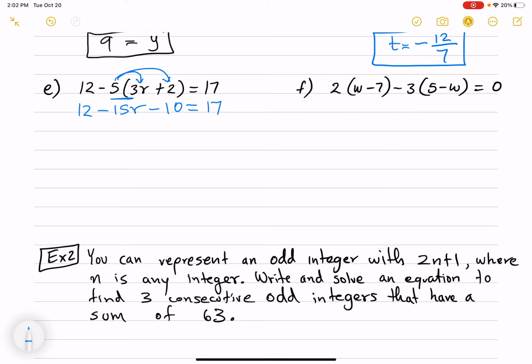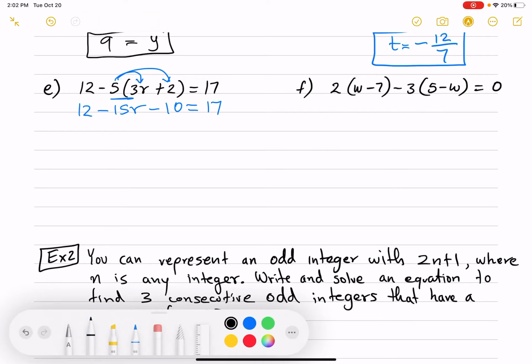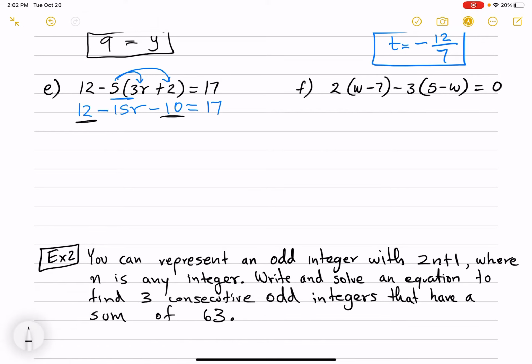And then we have something on the left side that we have seen before where we combine like terms. Negative 10 and 12 add up to 2. If we subtract 2 from both sides to start isolating the r, you can do it mentally: what number times negative 15 makes positive 15?